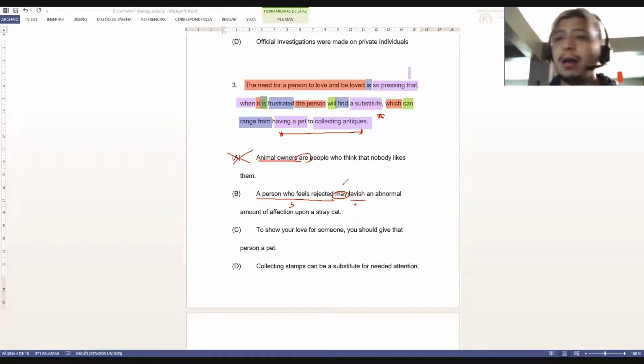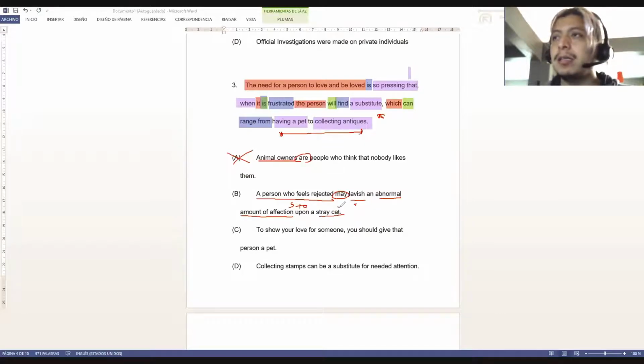To lavish is to direct. If you lavish an abnormal, not normal, amount, quantity of affection, it means that you direct an abnormal amount or quantity of affection upon or towards a stray cat.